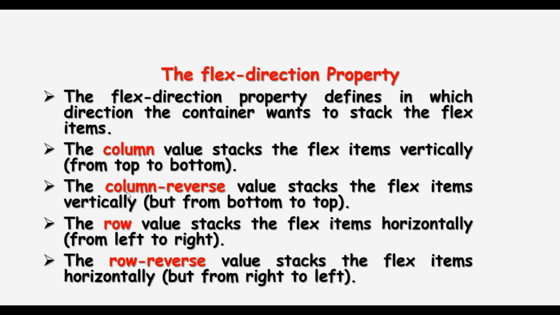When you define the flex-direction as column, the items will stack vertically from top to bottom. Column-reverse means the items will stack vertically from bottom to top. Then we have row, which means items will stack horizontally from left to right. And row-reverse means items will be stacked horizontally from right to left.